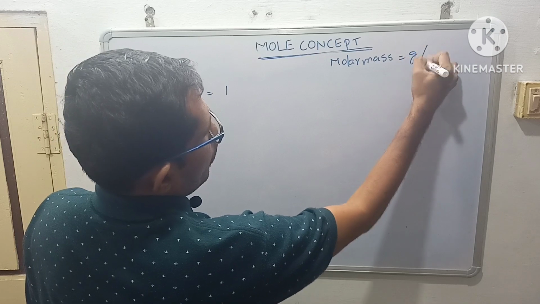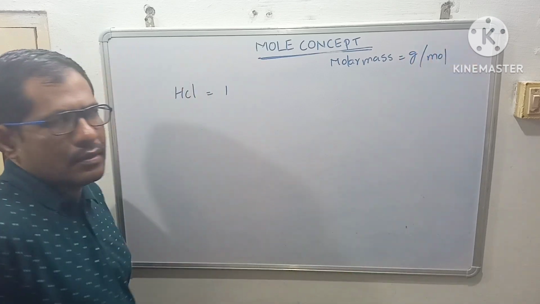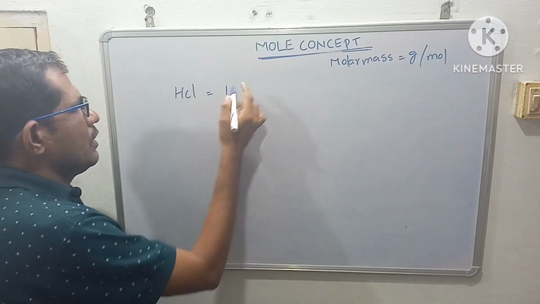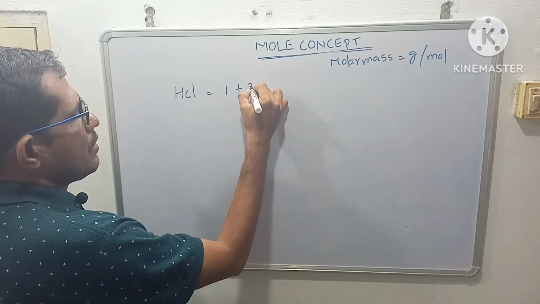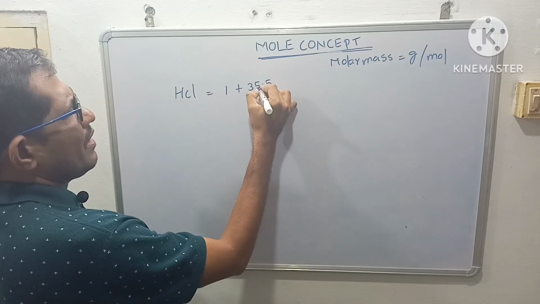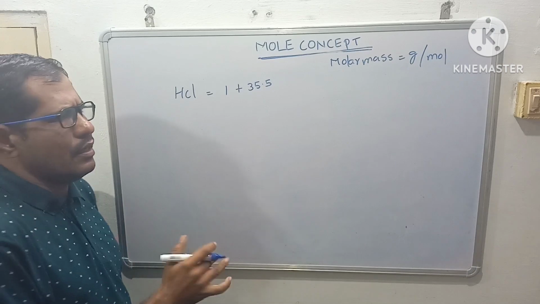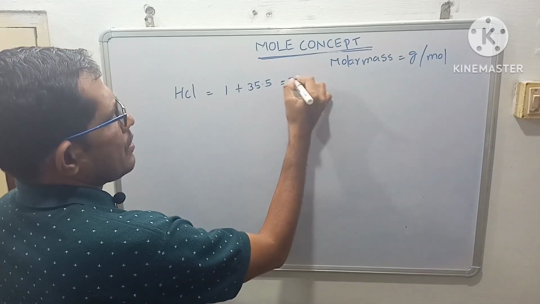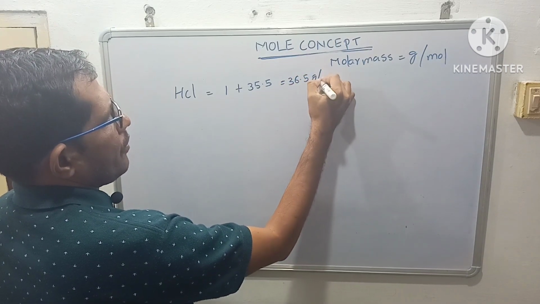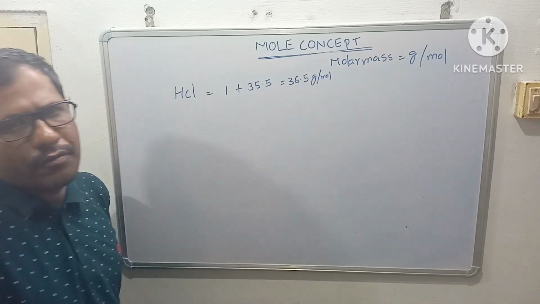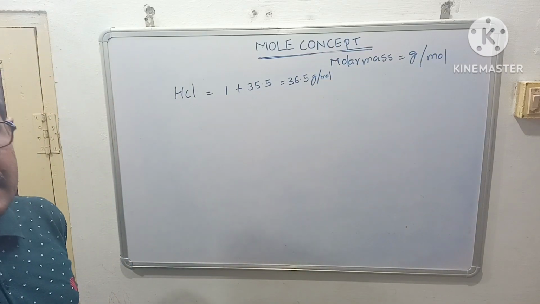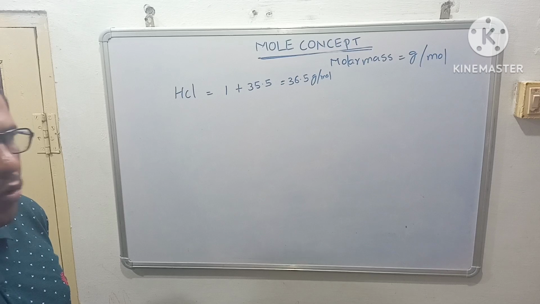For molar mass, units are gram per mole. So HCl is 1, chlorine is 35.5. We can take 35 also, but 35.5 is generally given. So HCl molar mass is 36.5 gram per mole, right?